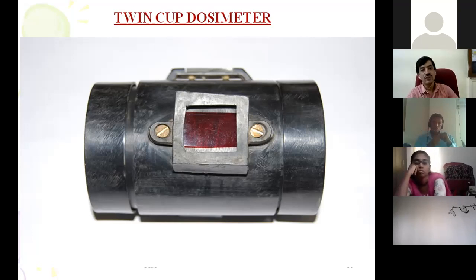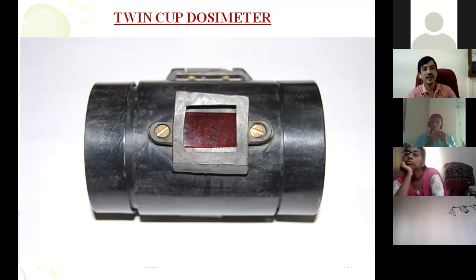This is one such instrument used throughout the world for the measurement of indoor radon and its progeny concentration. This instrument, shown in this figure, was designed and developed in the Bhabha Atomic Research Centre. Similar instruments have been used throughout the world.